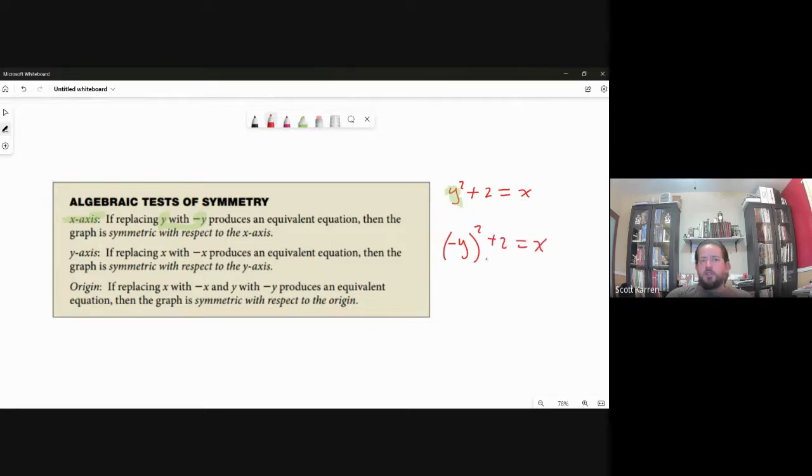And if I simplify this, negative y squared is negative y times negative y, which is the same thing as just y squared. And so this simplifies to y squared plus 2 equals x. And that's the exact same thing that I had to start with. And so because of that, if it comes down to an equivalent equation by replacing y with negative y, which is what we just did, then this is symmetric with respect to the x-axis.